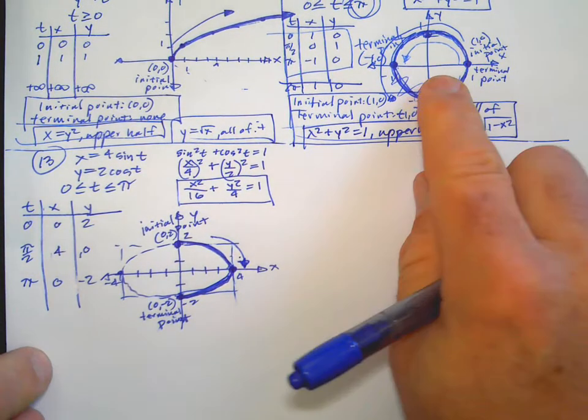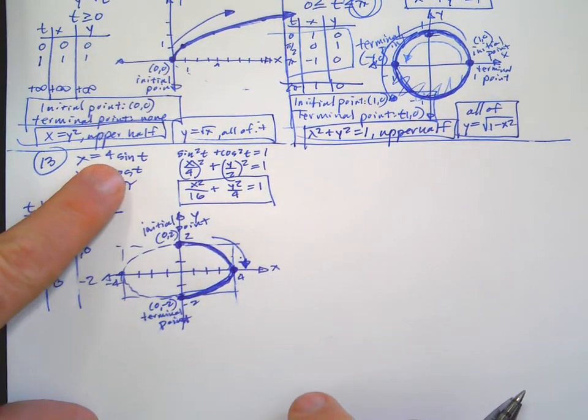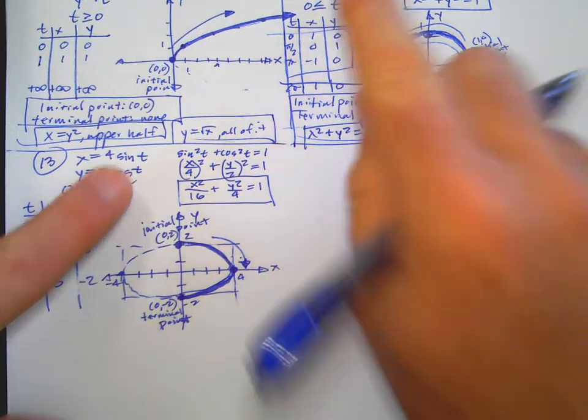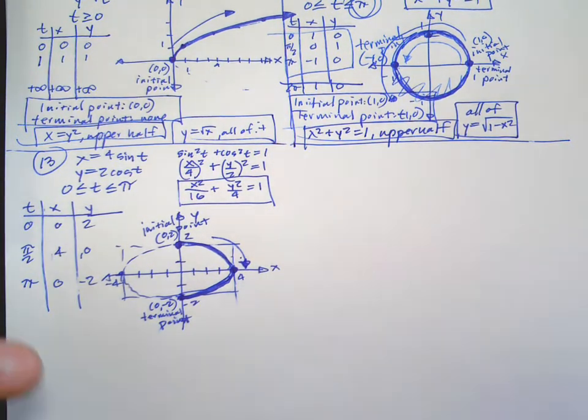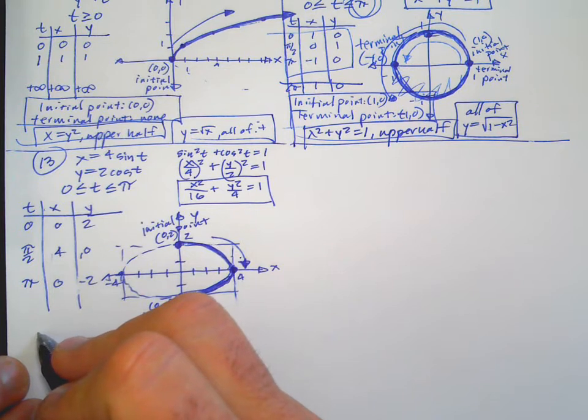So we've seen that last example. Minor things: you'll notice x had sine here, and x on the last problem had cosine. So it makes a difference in the direction. That's one effect, or maybe which half. So let's see.